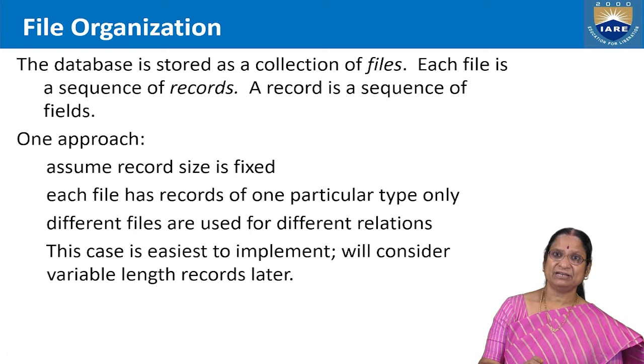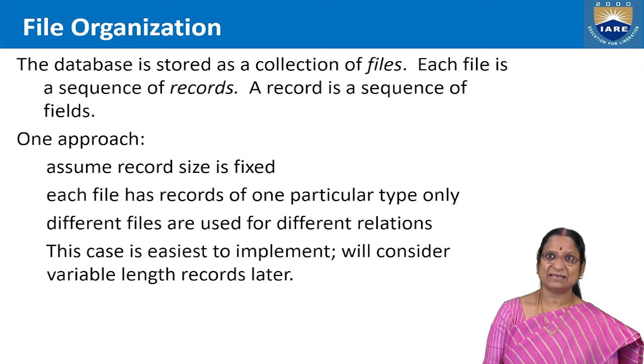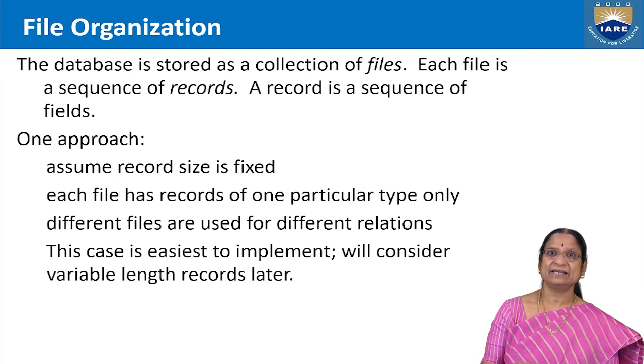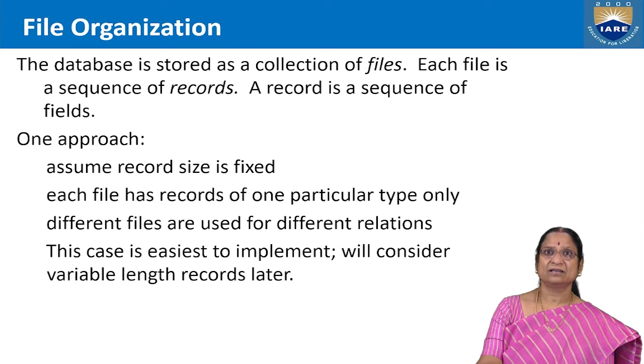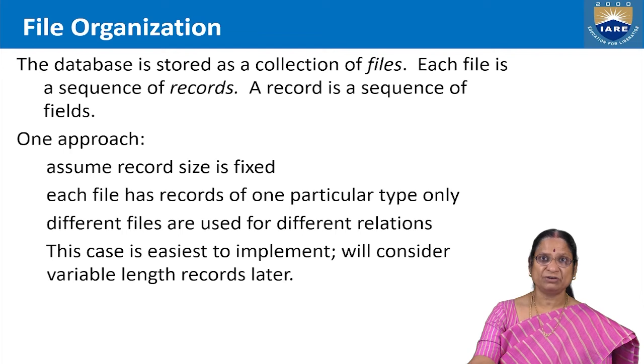And the data in our database is going to be stored in the form of files, that is, a collection of files. Of course, these files are integrated and all database related characteristics are introduced, but the base structure is files. Each file is a sequence of records, that is tuples in our database terminology, and each record is a sequence of fields.